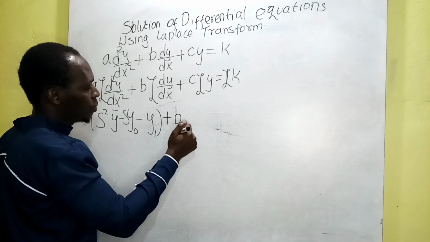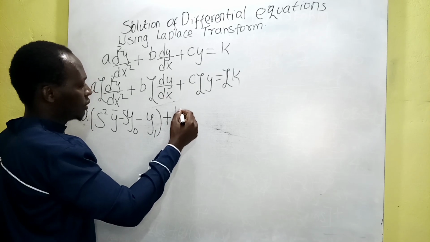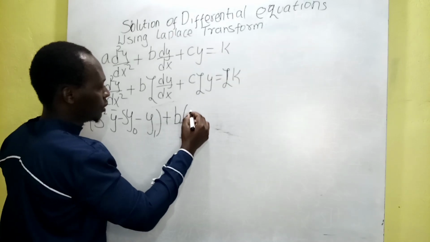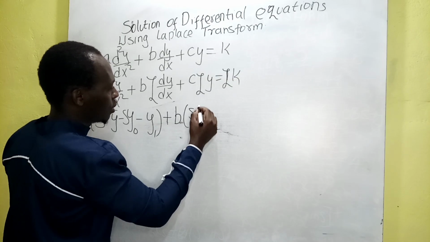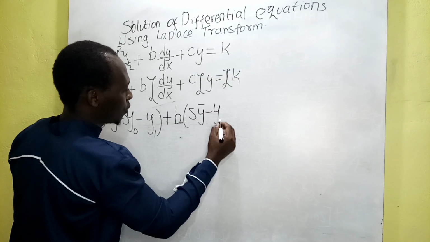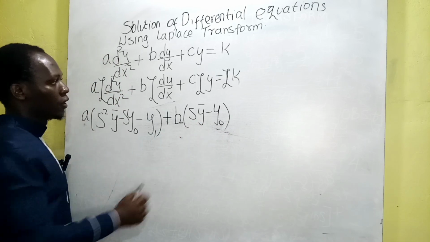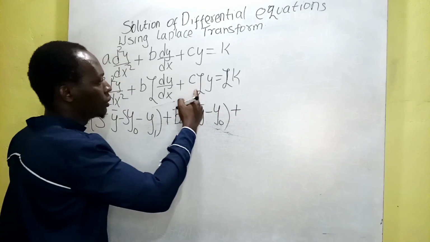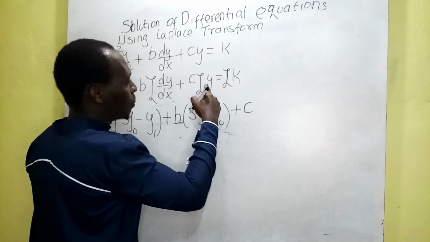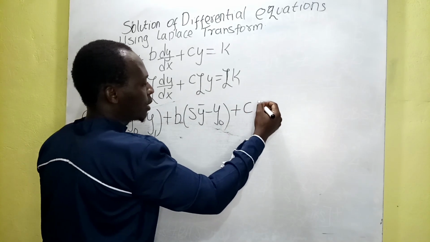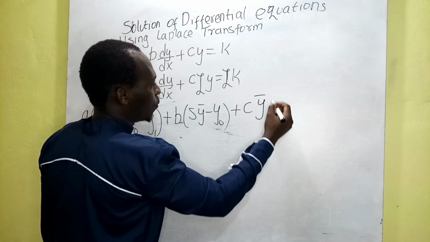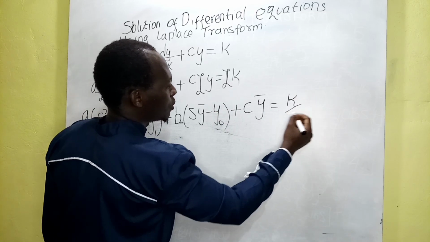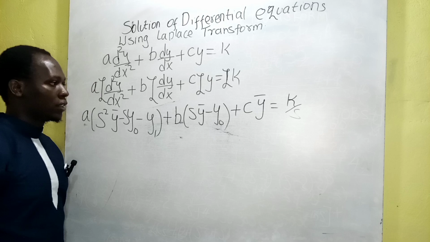The Laplace transform of dy with respect to dx is equal to s y bar, we subtract y naught, first order linear equation. We add c. The Laplace transform of y we agreed is equal to y bar, and lastly the Laplace transform of k is equal to k over s.